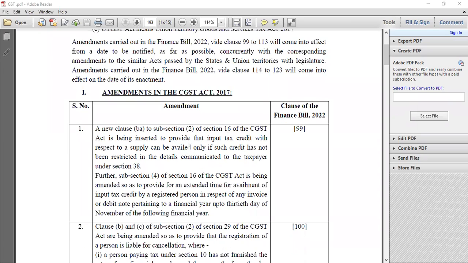On 1st January 2022, a new clause was introduced to section 16, subsection 2, clause A, which provides that ITC will be available to the recipient only if the supplier files GSTR 1 and it is reflected in GSTR 2B of the taxpayer.